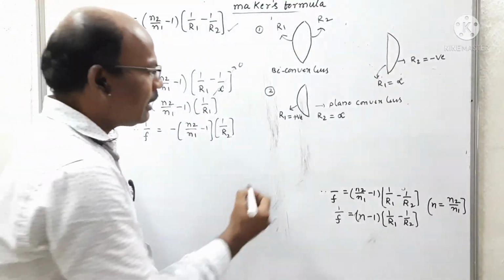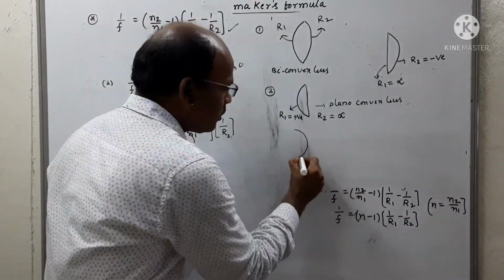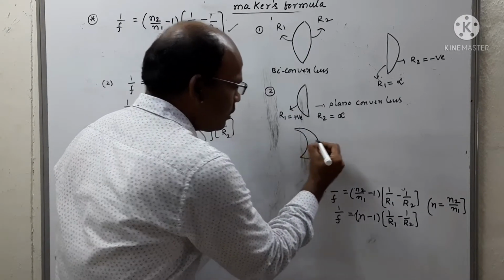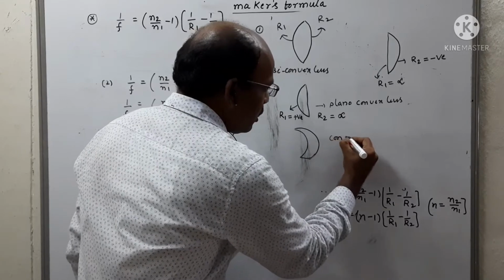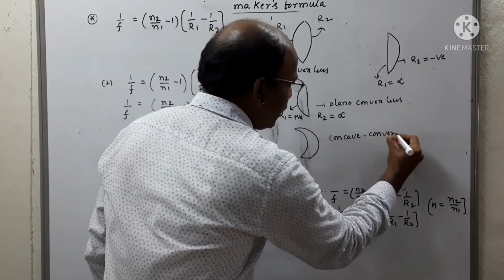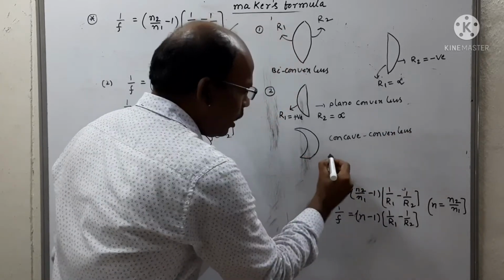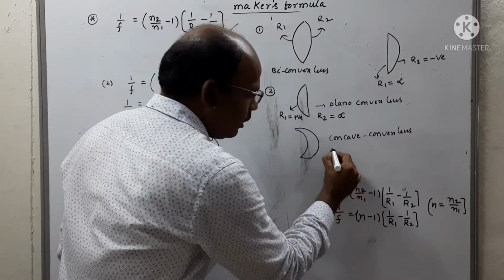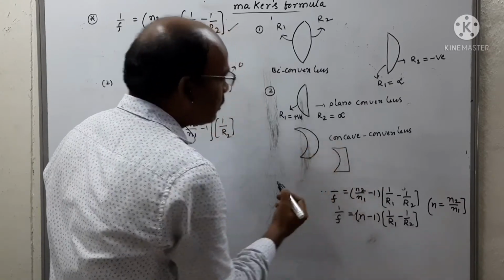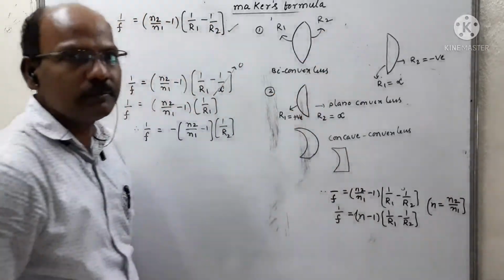Suppose you consider a concave lens. Concave means this is the first surface of the concave and the second surface is like this.